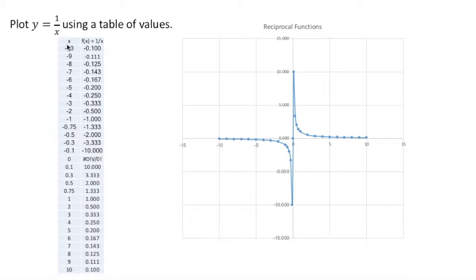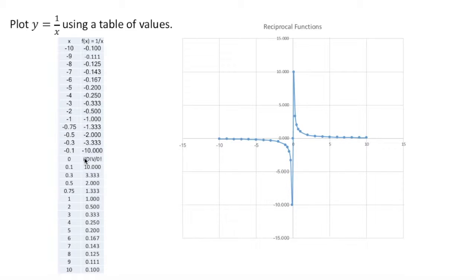So basically what we see happening is the bigger the absolute value of x, the smaller the absolute value of y, because it's a fraction. So 10 becomes 1/10, x equals 9 gives y equals 1/9, and so on.